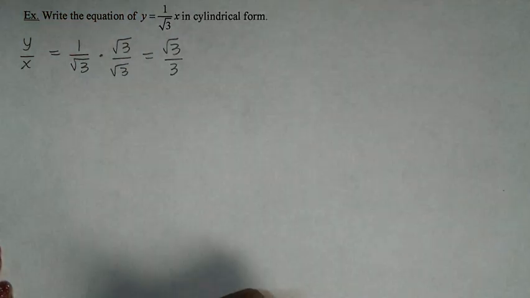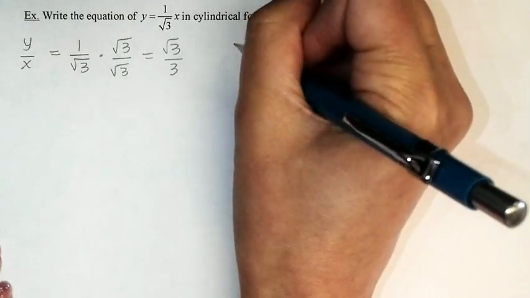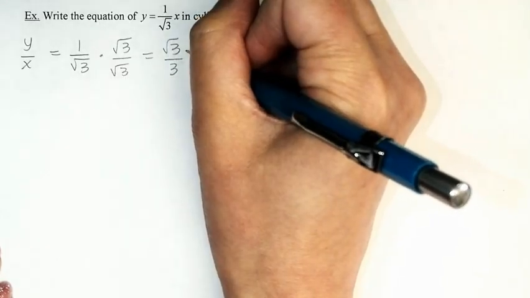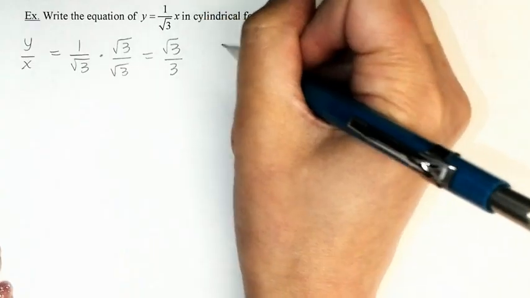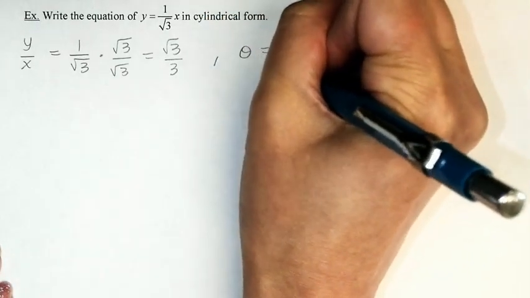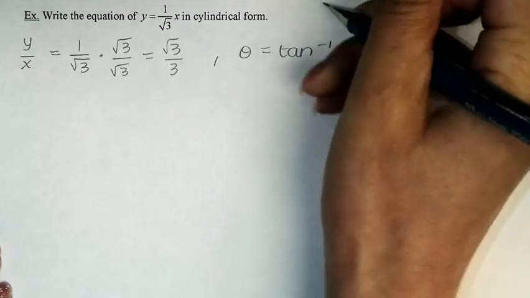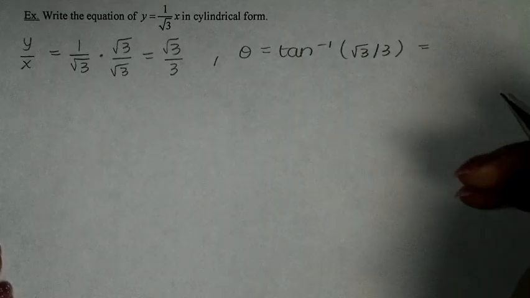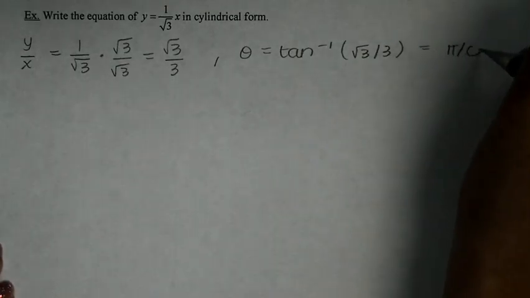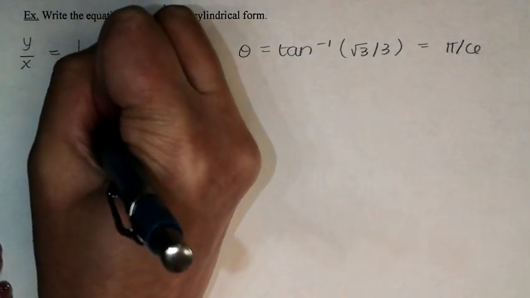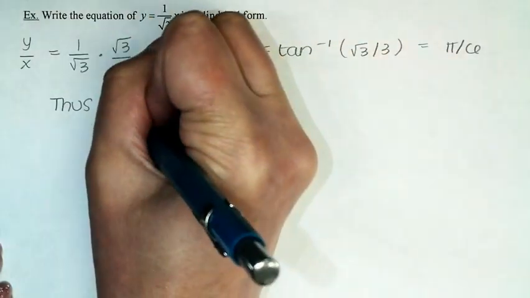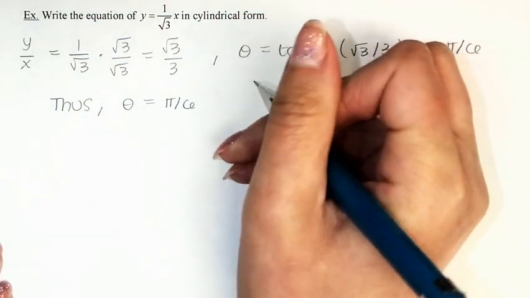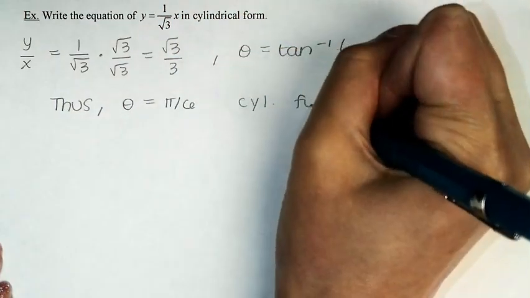You can recognize that this is going to be root 3 over 3. So then theta is going to be equal to tangent inverse of root 3 over 3, and you know from the unit circle that it's pi over 6. So guess what? Thus, theta is equal to pi over 6, and that's going to be your cylindrical form, and we are done.